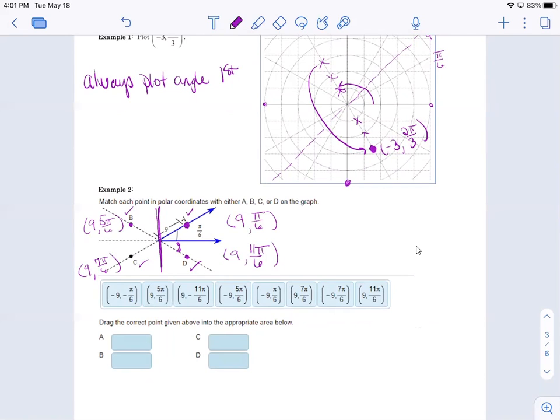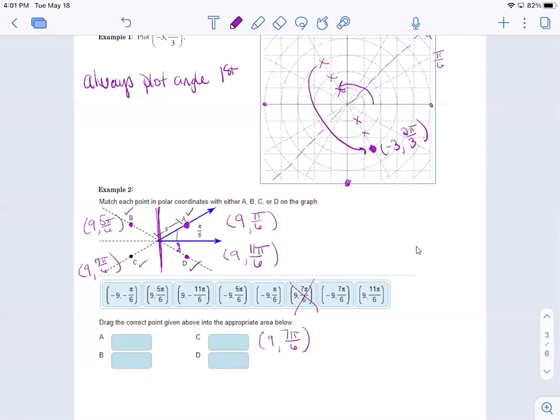Okay, so let's start with the ones that we can do straightforward. Well, here's this option of 9, 7 pi over 6. We just said that's C. So I'm going to go ahead and put 9, 7 pi over 6 right here. You can drag it when you're working with MyMathLab. All right, so that one's pretty straightforward.